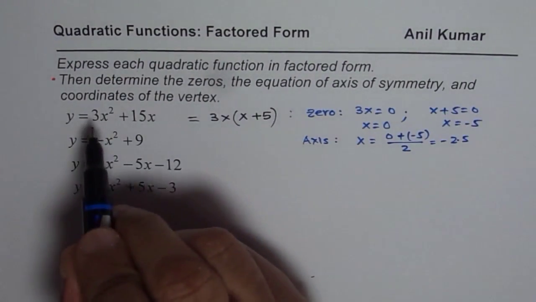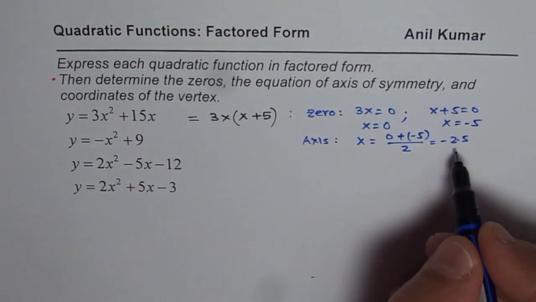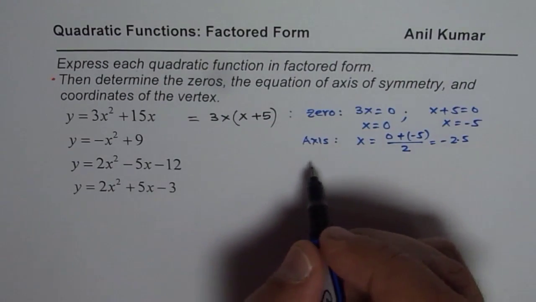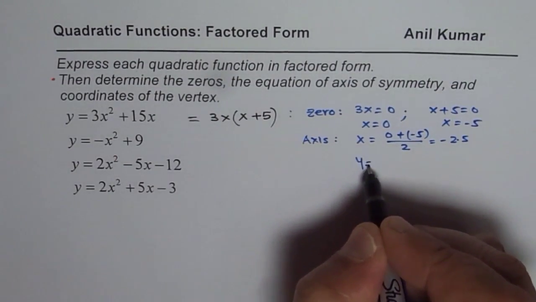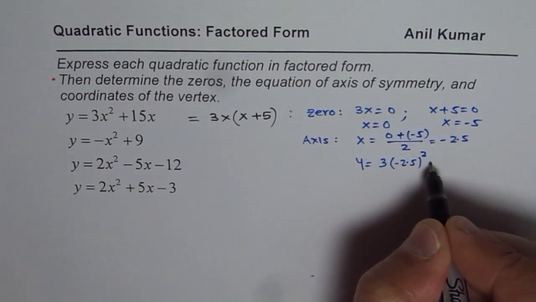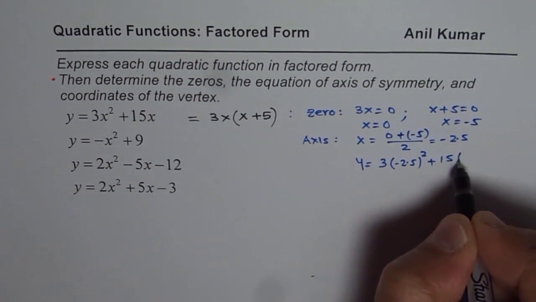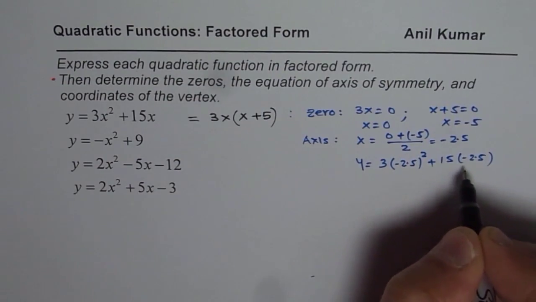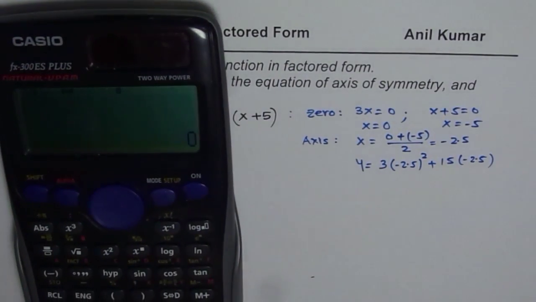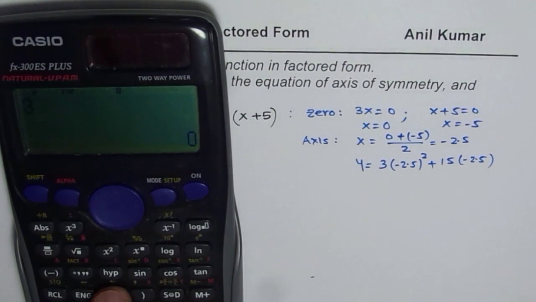To find the coordinates of the vertex, we have to substitute this value in the original equation to find the y value. So we get y equals 3 times minus 2.5 whole squared plus 15 times minus 2.5. You could also use the factored form of the equation to find this value. Let's use the calculator to calculate this answer.